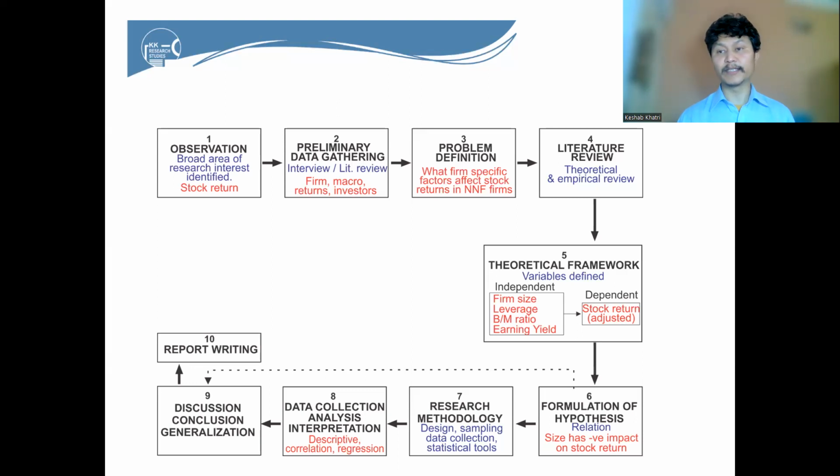That could be a single-liner. If all the variables are showing significant impact on the stock adjusted return, then the one-liner could be: in the context of the Nepalese stock market, firm-specific factors have significant impact on the Nepalese non-financial firms. That could be the conclusion of our entire research.